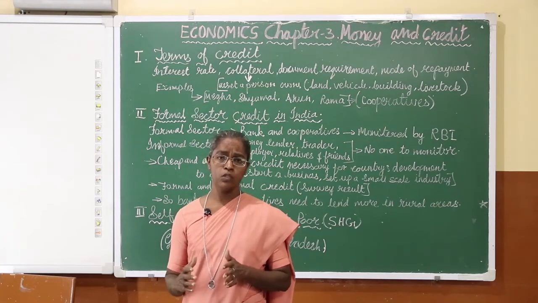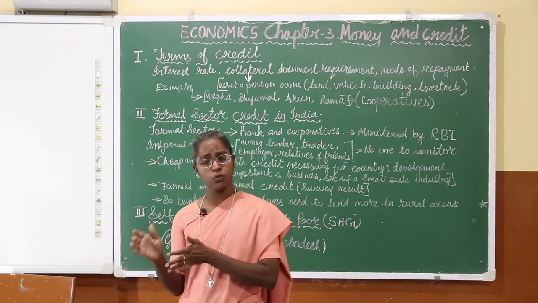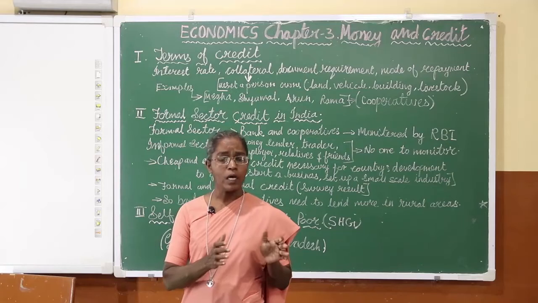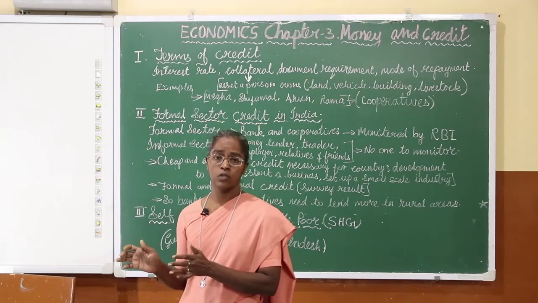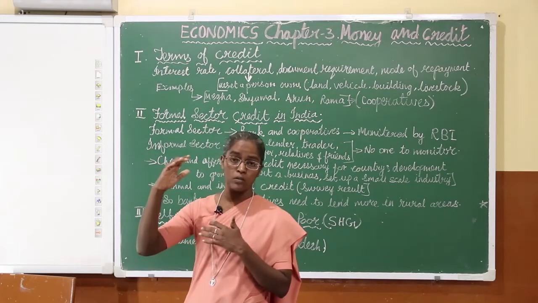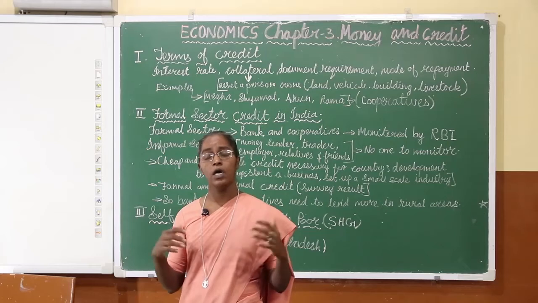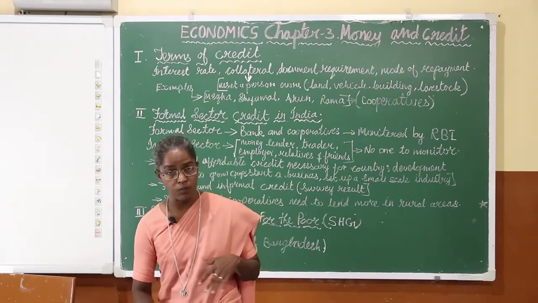A part of it he sells and pays back the loan which he has taken from the bank, and the rest he stores in a cold storage. When the price goes high, he sells this and gets more money, and he is able to benefit from the loan that he has taken from the bank.